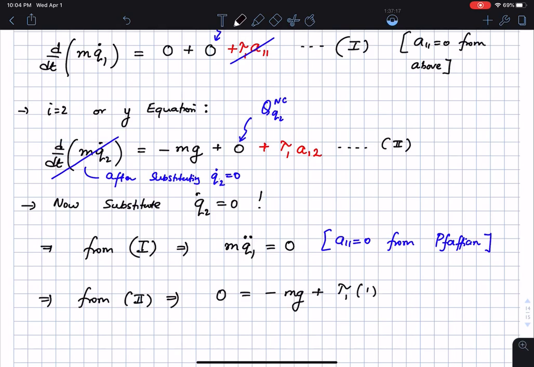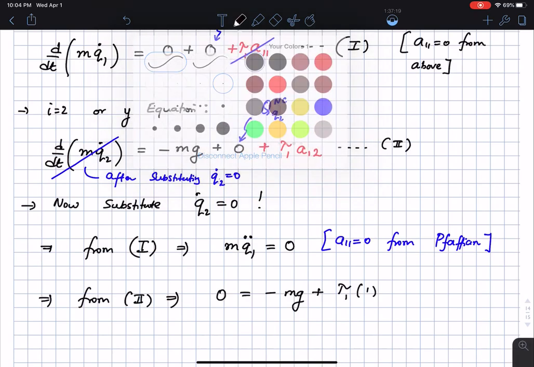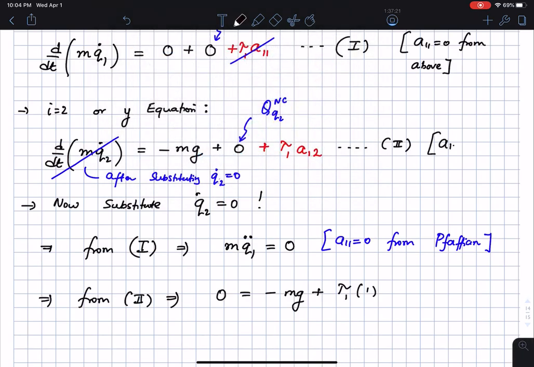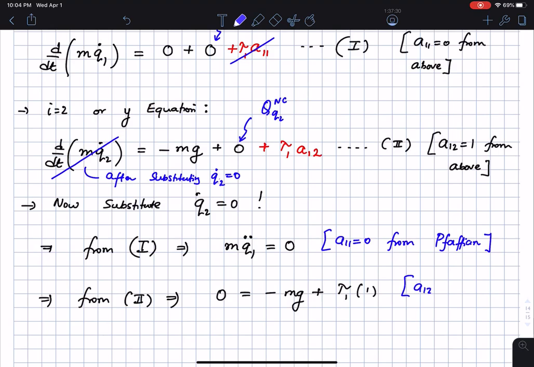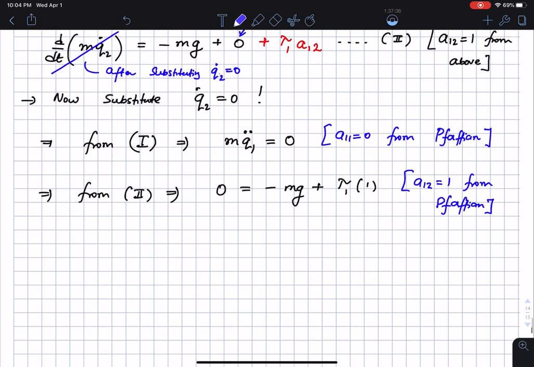Here I want to make a note that a12 is equal to 1 from the Pfaffian, which tells me essentially that lambda 1 is equal to m g.